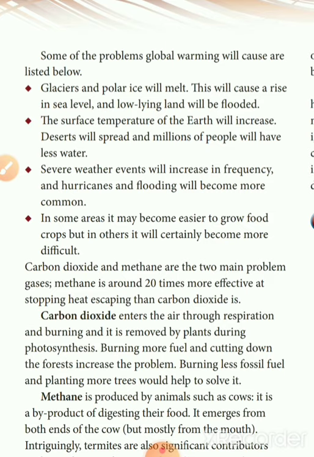And next, we learned about the two gases, carbon dioxide and methane. Carbon dioxide is comparatively less active at capturing heat, while methane gas has 20 times more capacity to hold heat within it.